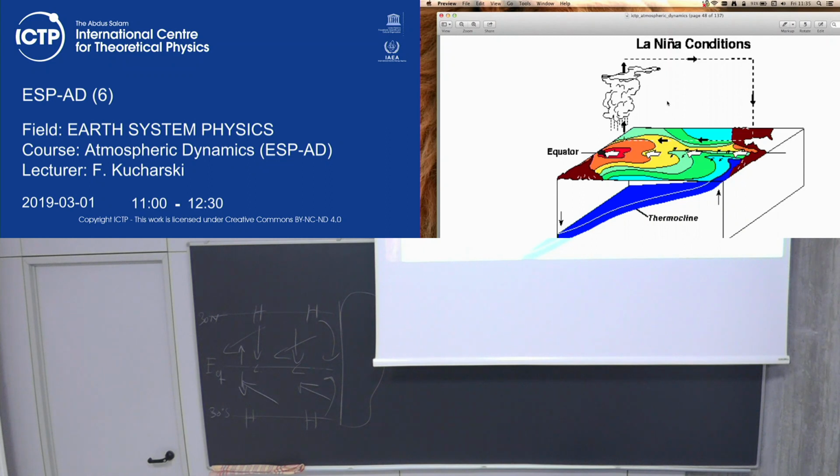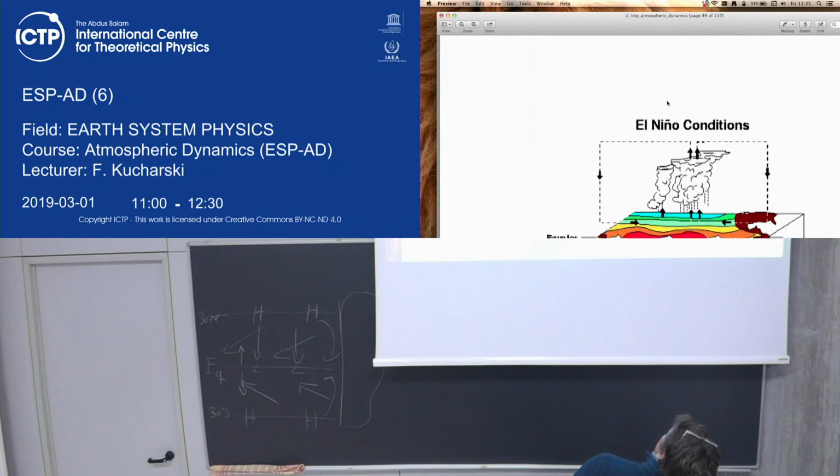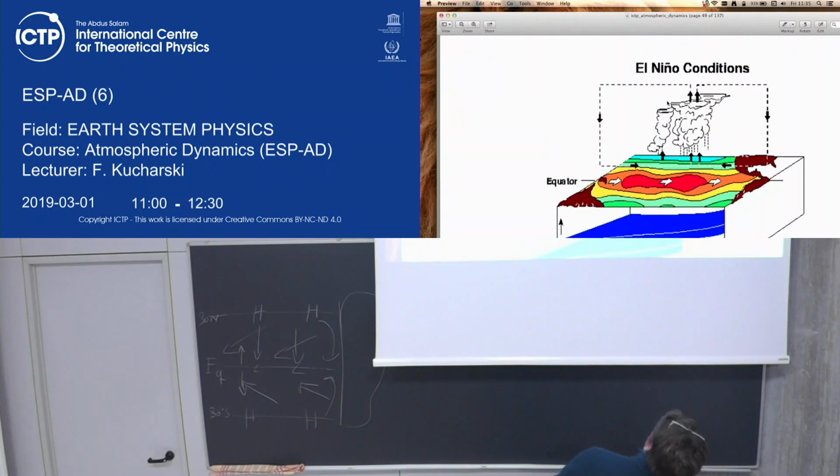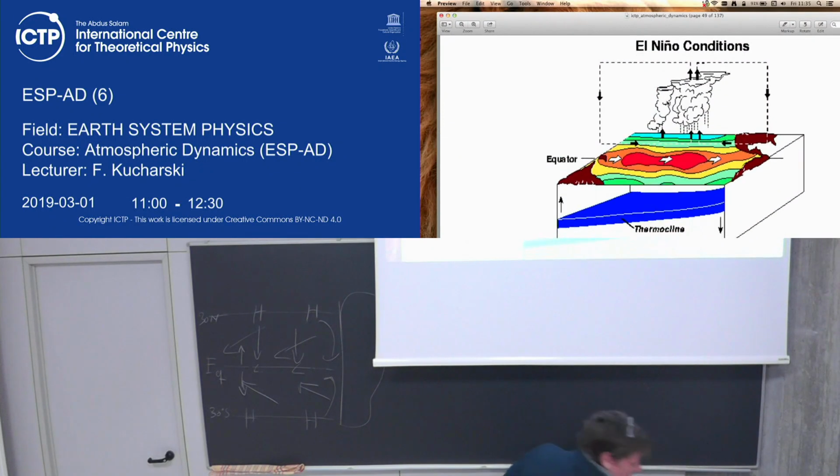What's happening during an El Niño event is, and we will now, in the theoretical part of this lecture, try to cut that down exactly, that you weaken a little bit the trade winds. Some perturbation in the trade winds. Something random is happening. We have discussed this in current weather.